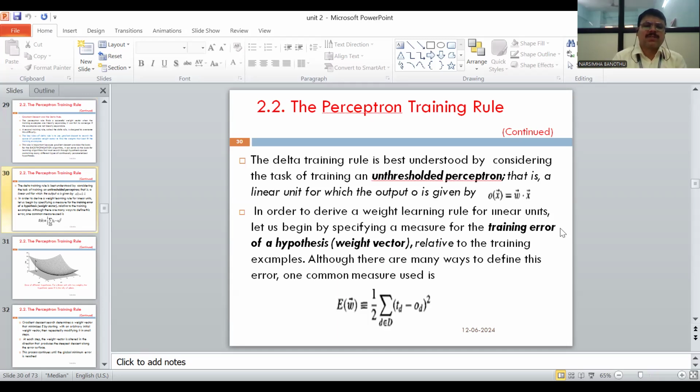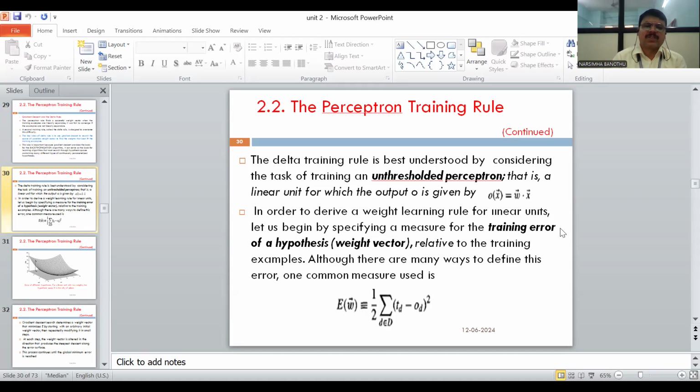The delta training rule is best understood by considering the task of training an unthresholded perceptron, that is, a linear unit for which the output is given by o(x) equal to w · x.